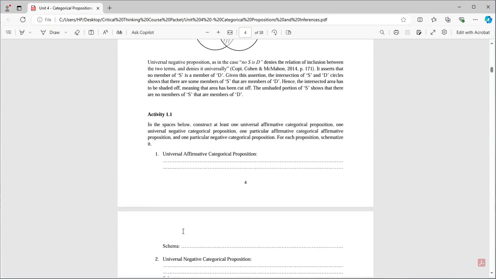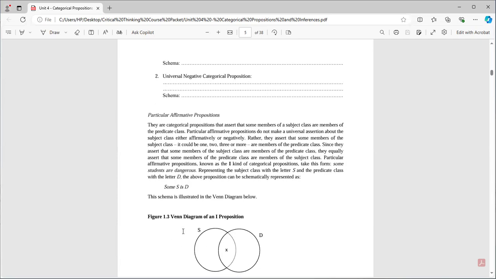And then some S is D. Now, some students are dangerous, so some S is D. As usual, we have the two circles, label them S and D. We said some members of S are members of D. So the intersected area is where some members of S are members of D. This time, no more shading.